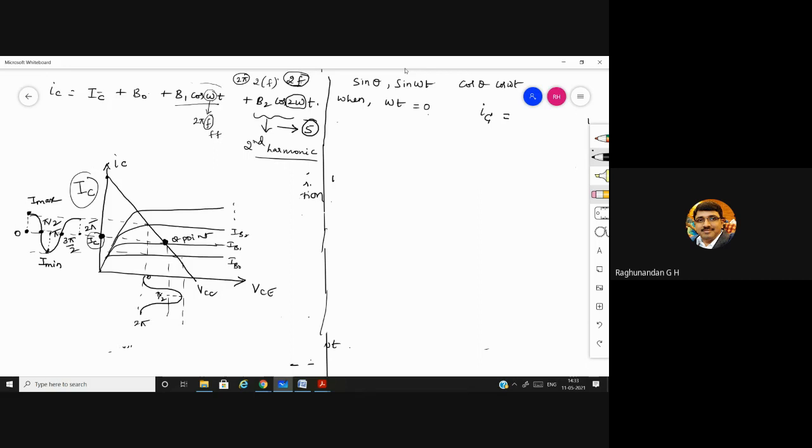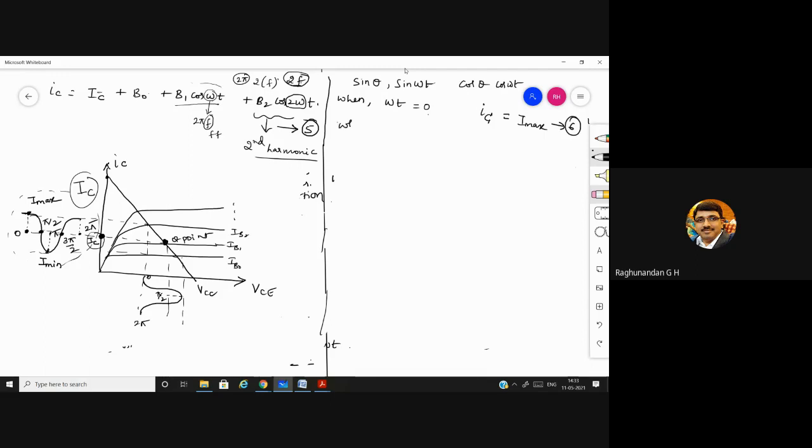For current you need to see the y-axis. So at 0 degrees, what is the value of the collector current? It is just Imax. Just look into Imax. Yes, sir, this is just Imax. Take this as equation 6.